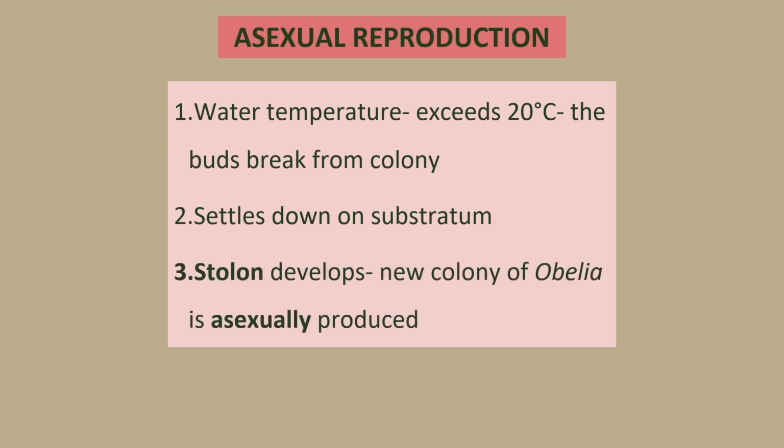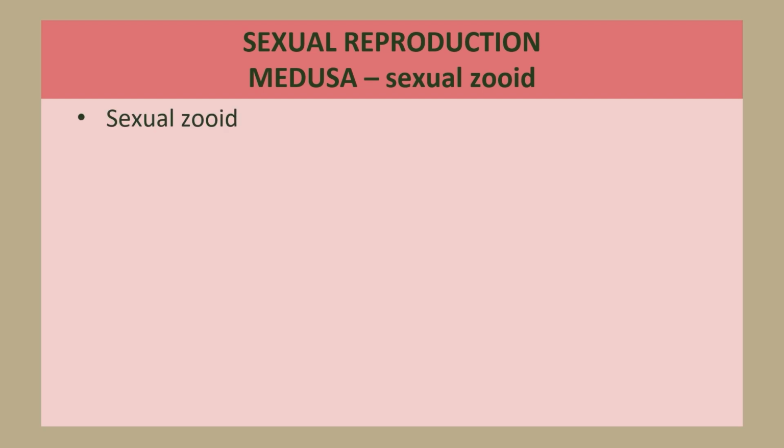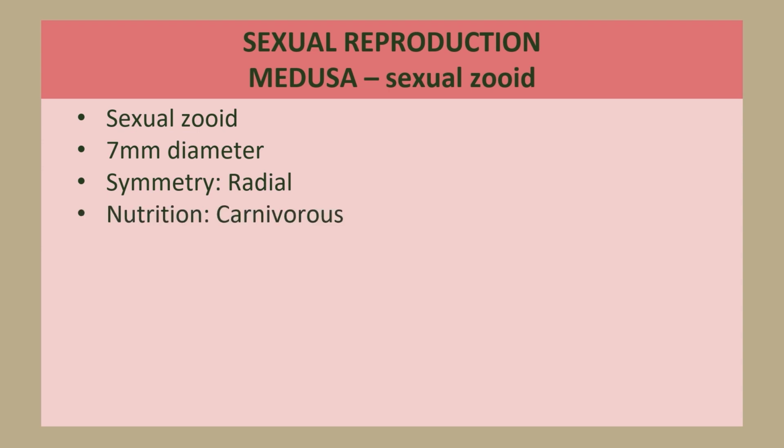Sexual reproduction of medusa. Medusa is termed the sexual zooid of Obelia geniculata. They measure about 7 mm in diameter and have radial symmetry. They consume carnivorous food, hence their mode of nutrition is carnivorous.